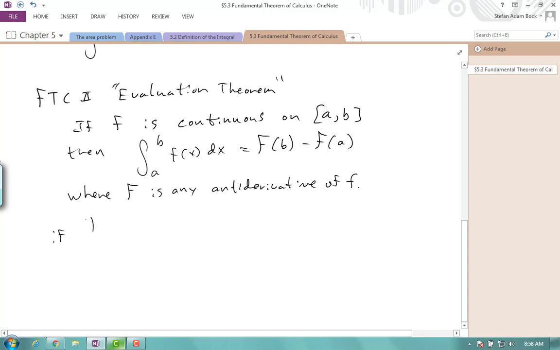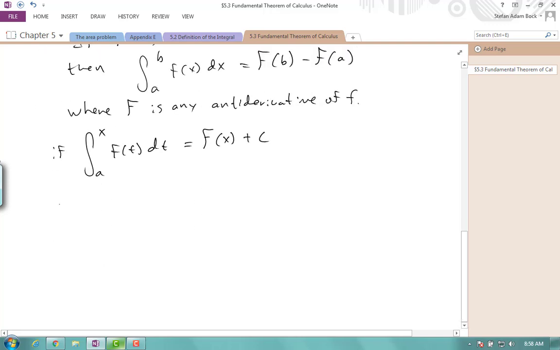If the integral from a to x of f of t dt is an antiderivative, so this is equal to some antiderivative plus c. I might not know what the c is, but that's okay. Then the integral from a to b of f of t dt is equal to big F of b plus c.